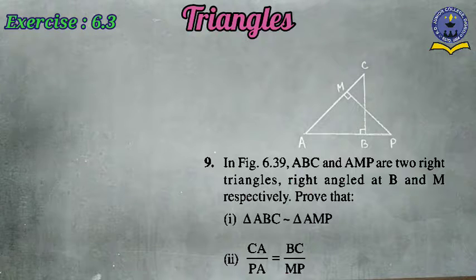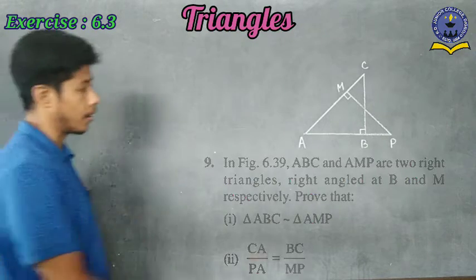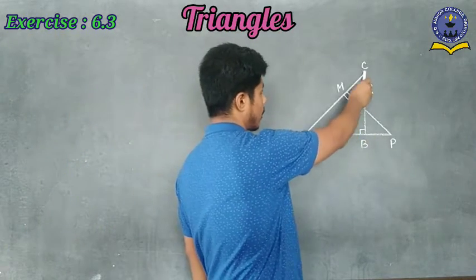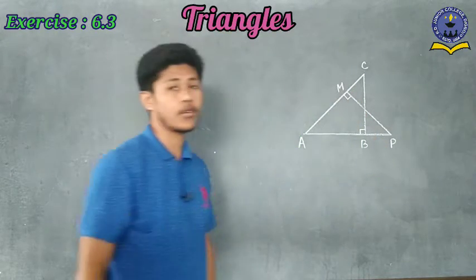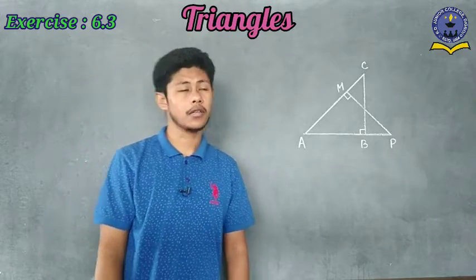First, the triangle ABC similar to AMP. If you see the diagram, this is ABC, and another one is AMP. These 2 triangles we need to prove similar. So let's start.